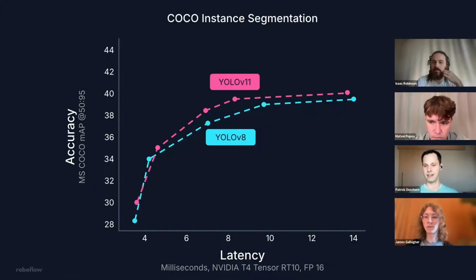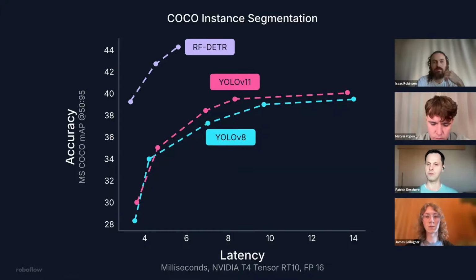And then last week, what was released was the benchmarking for the RF-DETR model, which you can see is a significant jump toward that upper left portion of the screen. Isaac, could you tell us a little bit about what we're looking at here?